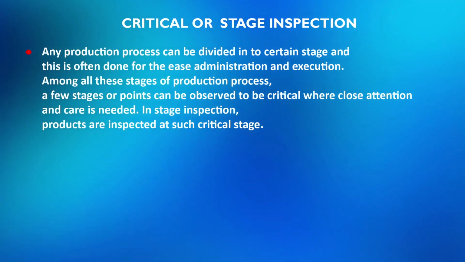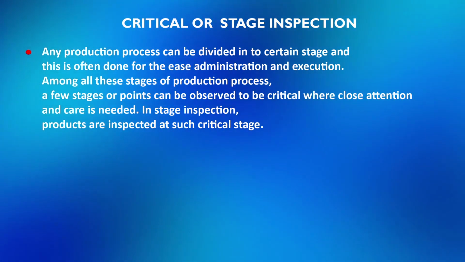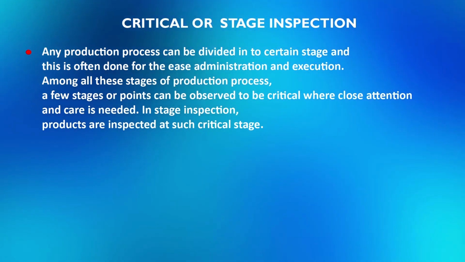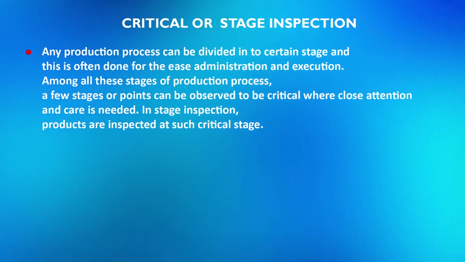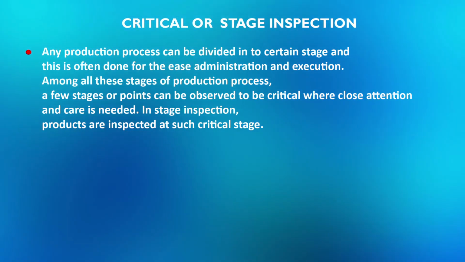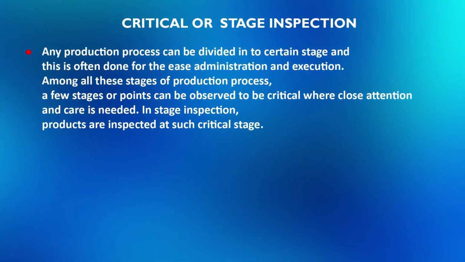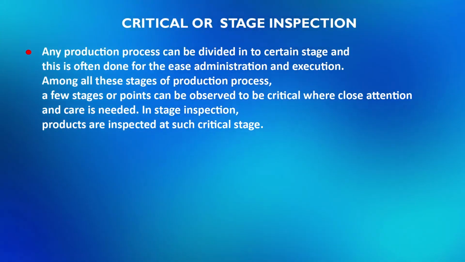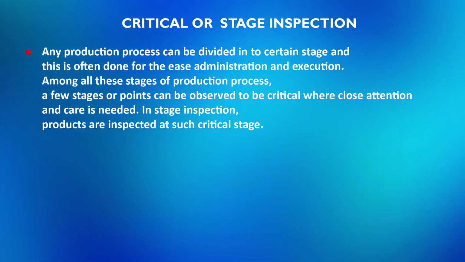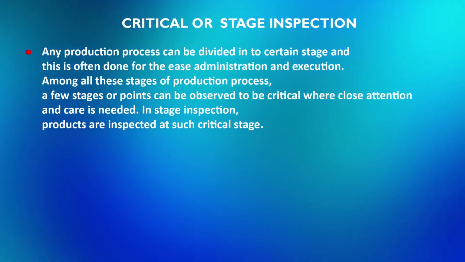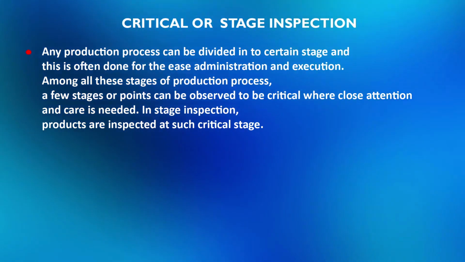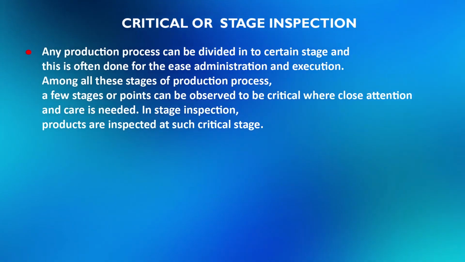Critical or stage inspection. Any production process can be divided into certain stages, and this is often done for ease of administration and execution. Among all these stages of the production process, a few stages or points can be observed to be critical, where close attention and care is needed. In stage inspection, products are inspected at such critical stages.